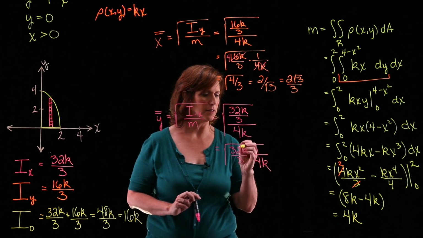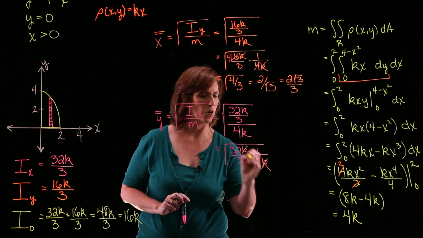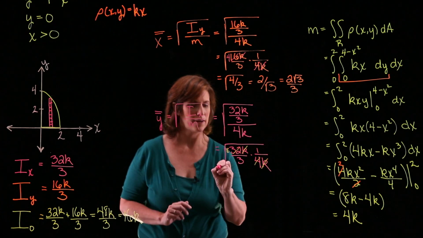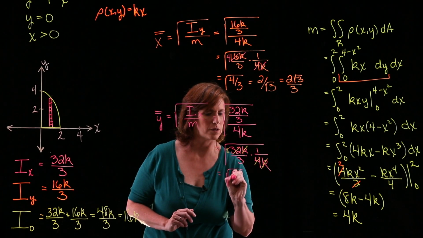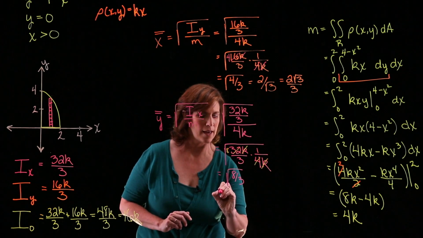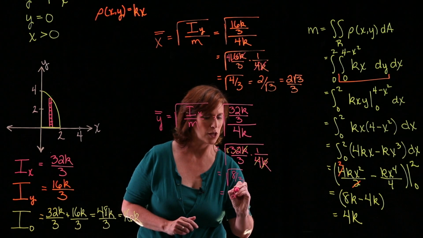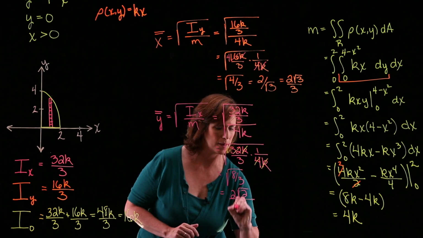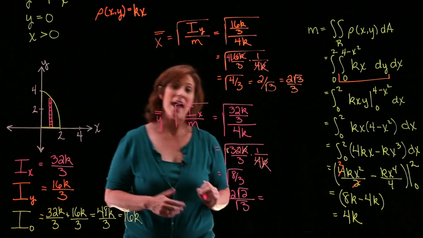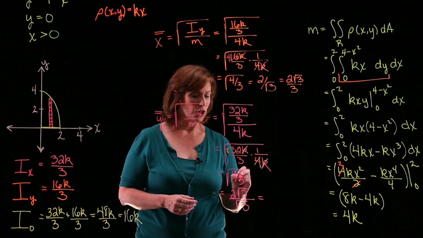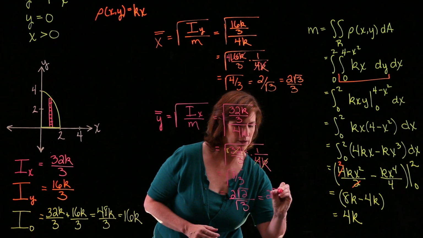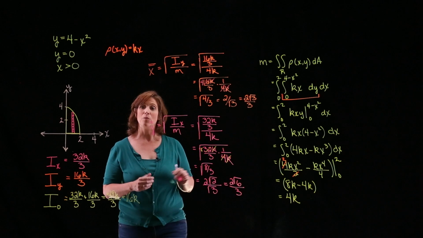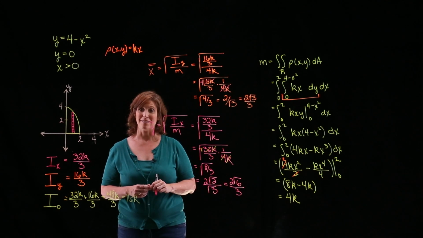The k's cancel. 4 goes into 32 8 times, and I have the square root of 8/3. And if you want, you can write this as 2 times the square root of 2 all over root 3. And if you want to rationalize this, you could write it as 2 root 6 all over 3. And that will give you your radius of gyration.